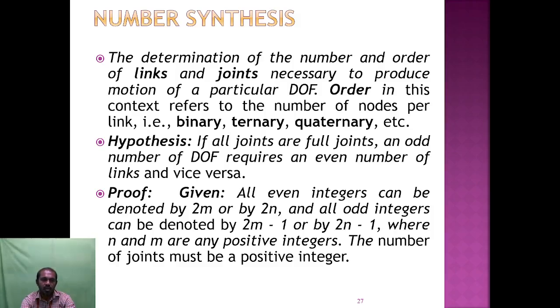This is called the hypothesis. The proof: all even integers can be denoted by 2m or 2n, and all odd integers can be denoted by 2m plus 1 or 2n minus 1, where n and m are positive integers. The number of joints must be a positive integer.